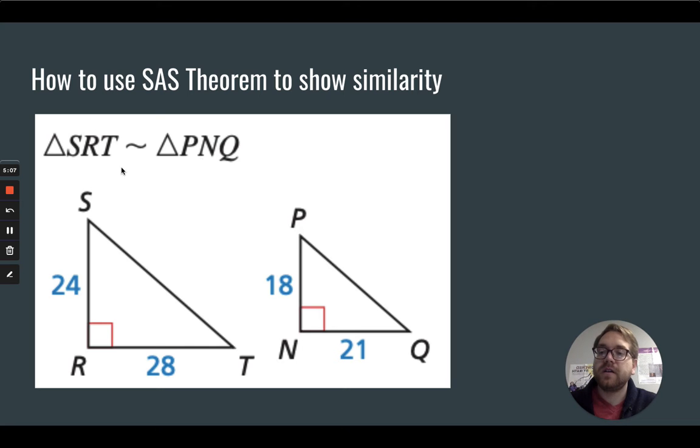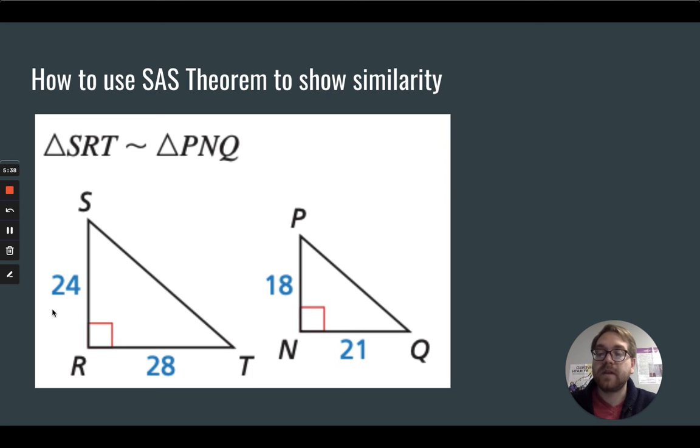So how do we use that theorem to show that these two triangles are similar to each other? We first want to see, do they have a common angle? They do. R and N are both right angles, so those are congruent. But then we need to see, are their side lengths proportional? We look at their included sides here, 28 and 21, 24 over 18.